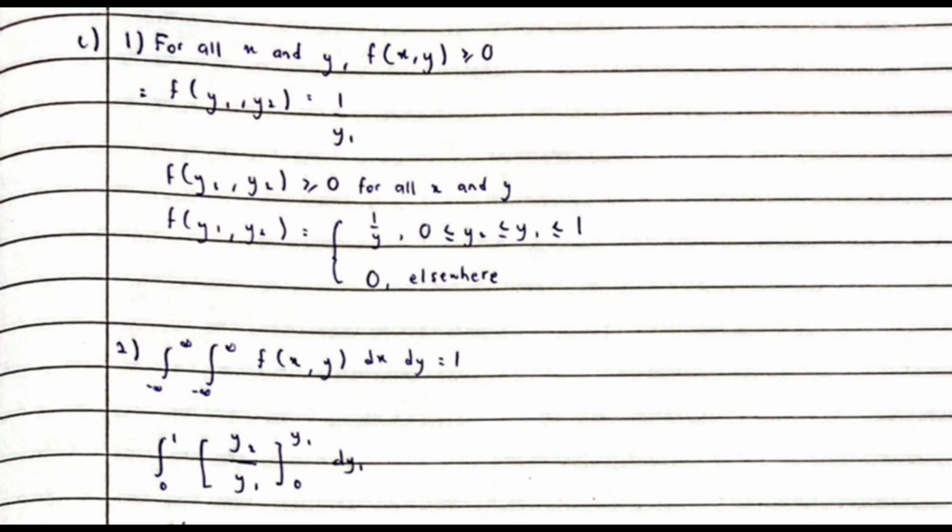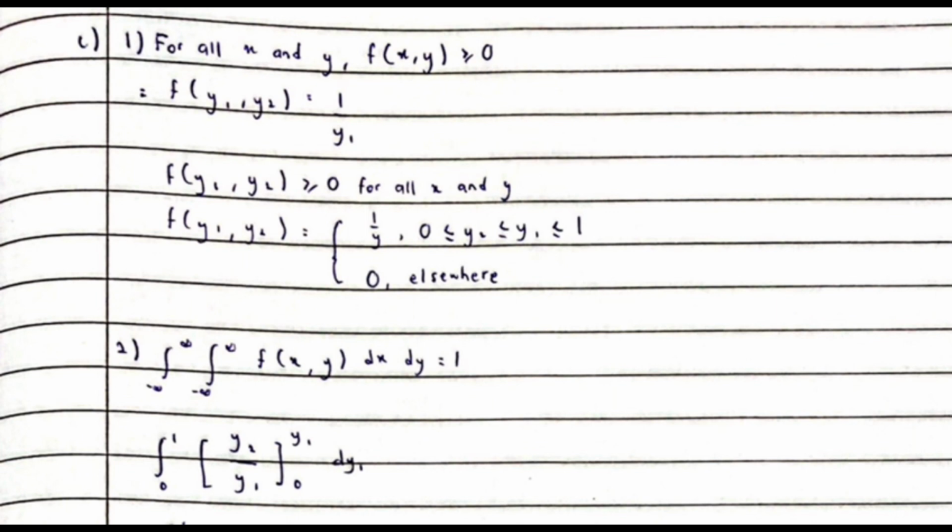Does the answer in B satisfy the assumptions of a joint probability density function? There are two steps to show that the assumptions are satisfied. The first one: it is given that f(y1,y2) is greater than or equal to 0 for all y1 and y2, and f(y1,y2) equals 1 over y1.